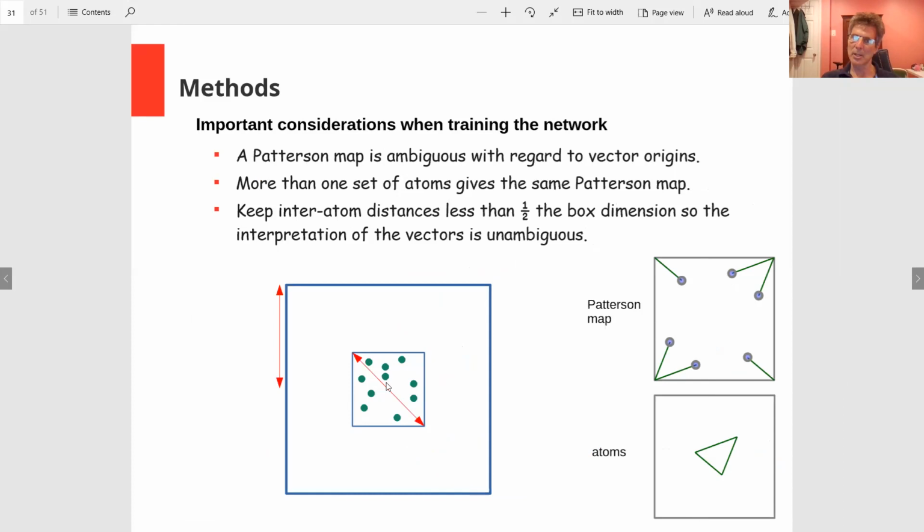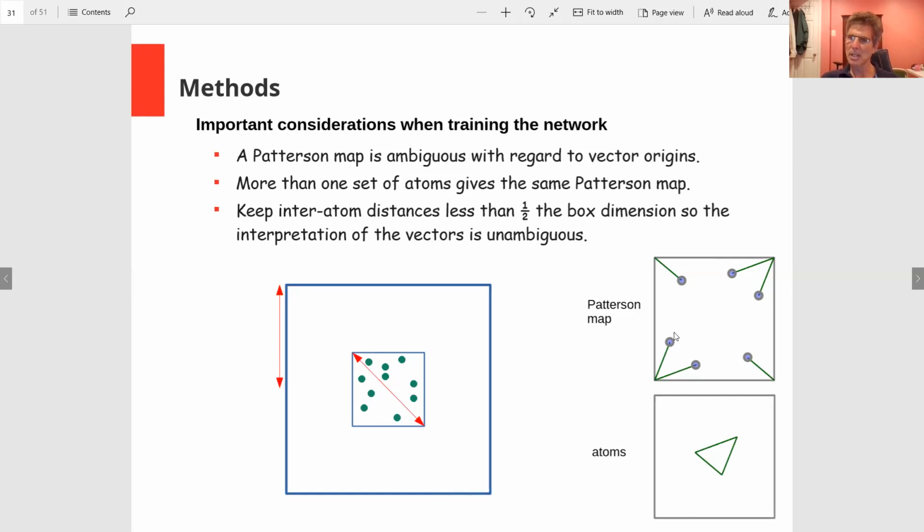If you make this distance across the inner box half of the outer box edge dimension, then all of the interatomic vectors have distances that are less than half of the box edge. Therefore, when you see a peak in the Patterson map, you know what the origin is for that peak.